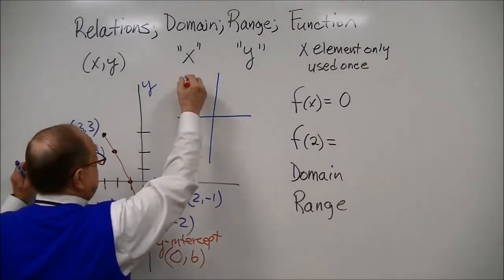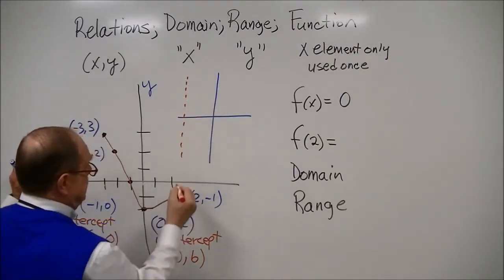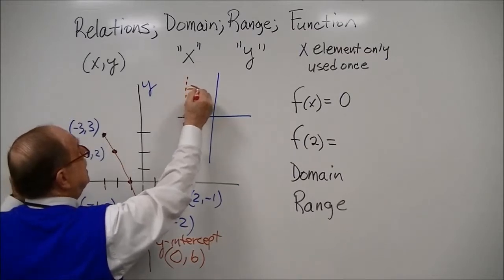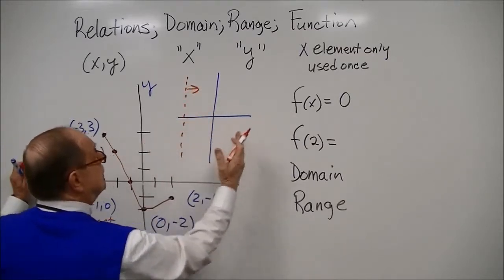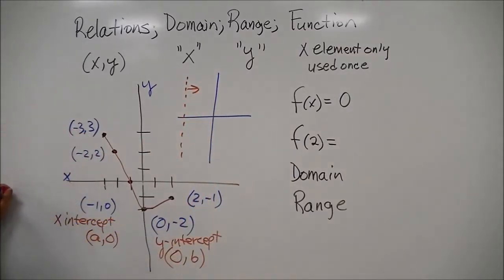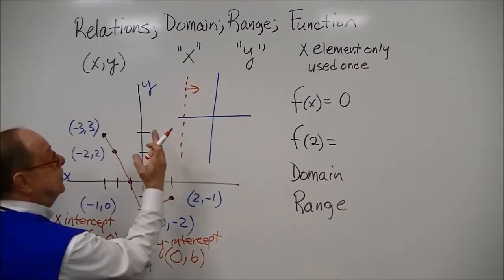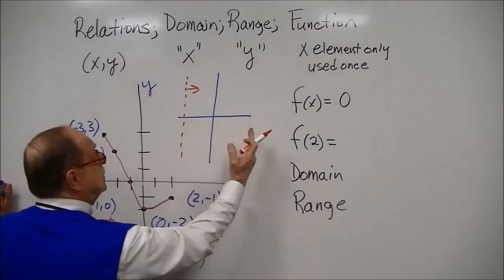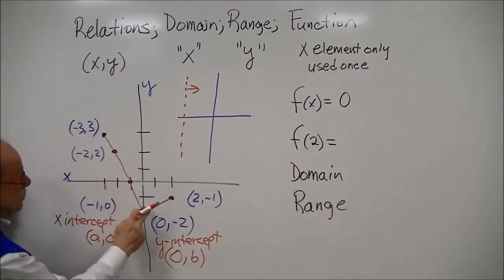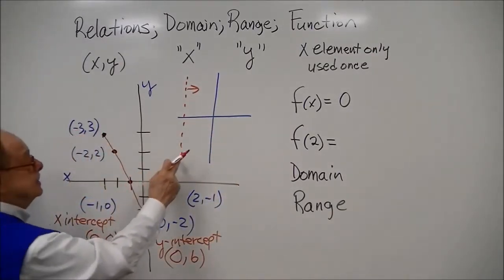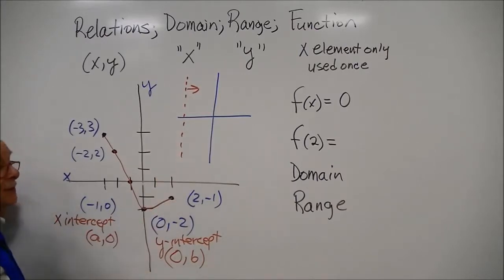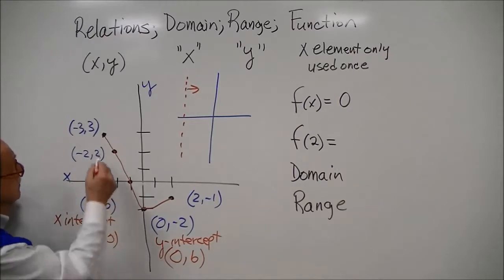What we do is imagine a very thin vertical line that's going to move over the face of the graph. As we take this very thin vertical line and move it over the face of the graph that we've drawn, does this vertical line intercept the graph in more than one place?